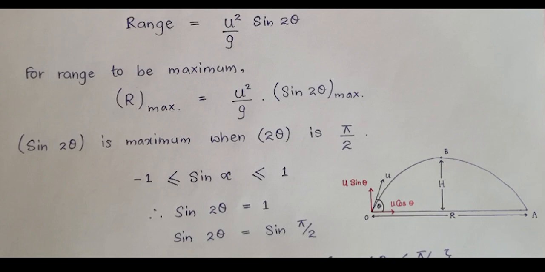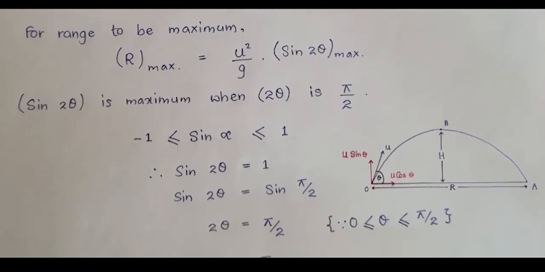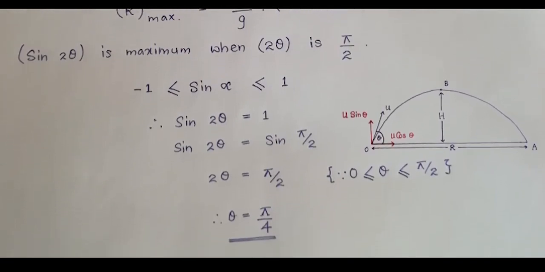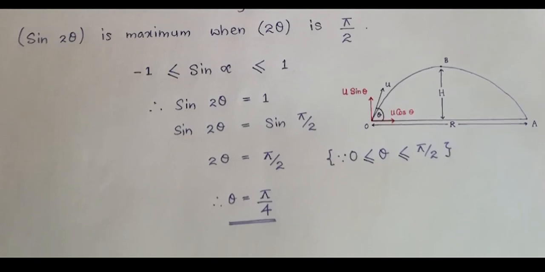For our range to be maximum, the sin 2 theta term must be a maximum because u squared over g is a constant. For sin 2 theta to be maximum, the 2 theta angle must be 90. Why is that? From trigonometry, you know the sine curve varies from minus 1 to 1.